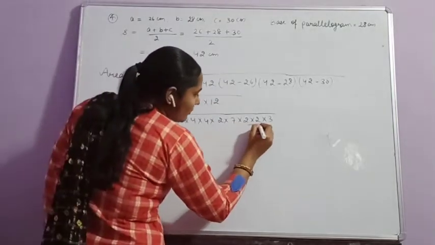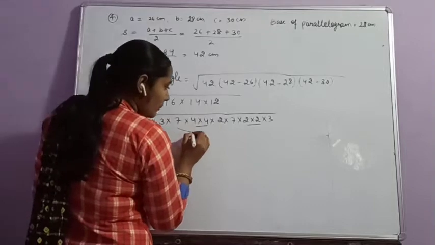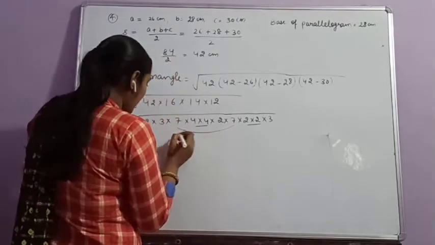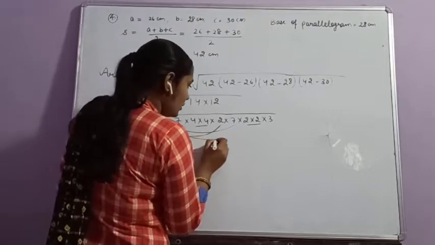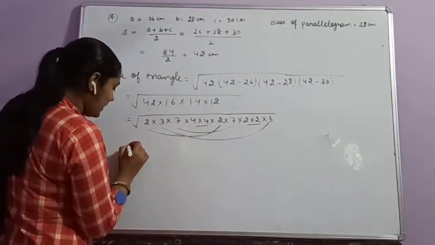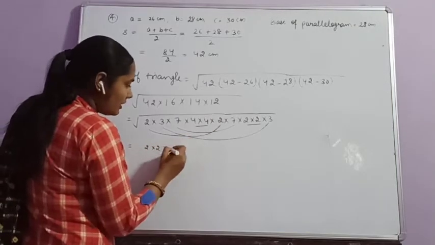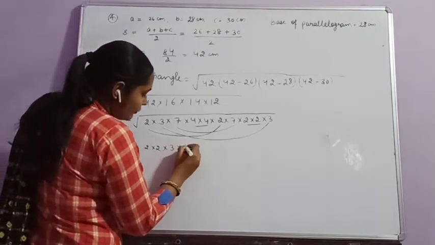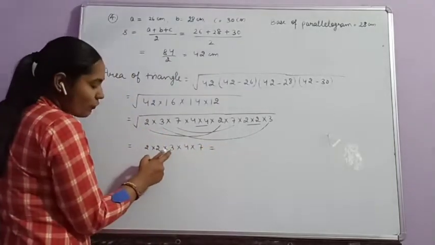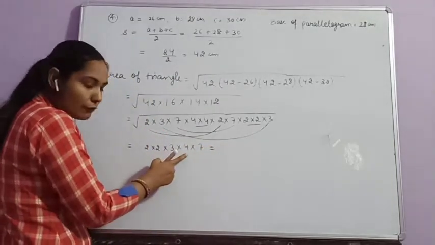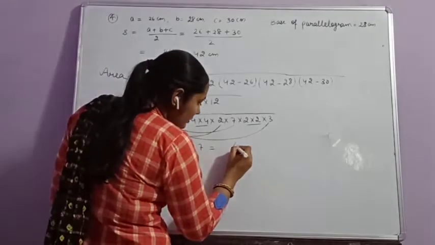Here one pair of 2, one pair of 4, one pair of 7, again one pair of 2 and one pair of 3 is 4. That is equal to 2 multiplied with 2 multiplied with 3 multiplied with 4 multiplied with 7. That is equal to 2 2s are 4, 4 3s are 12, 12 4s are 48, 48 into 7.